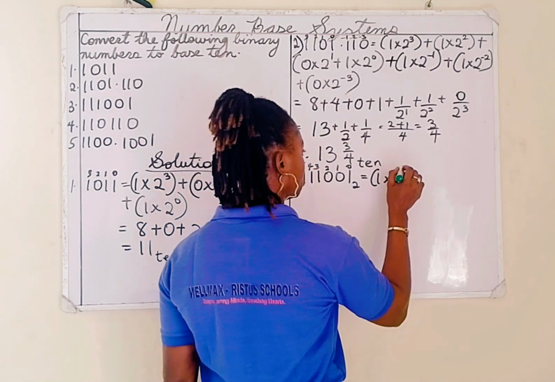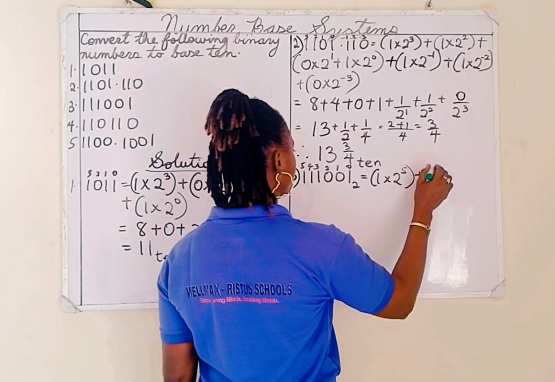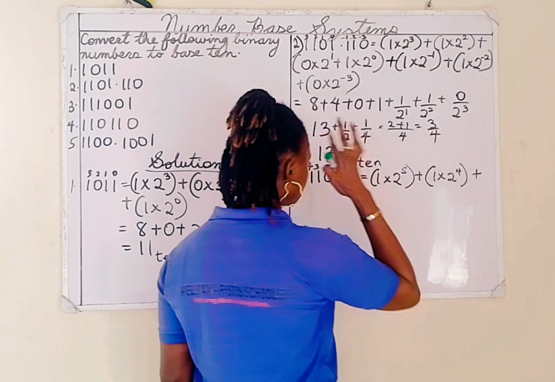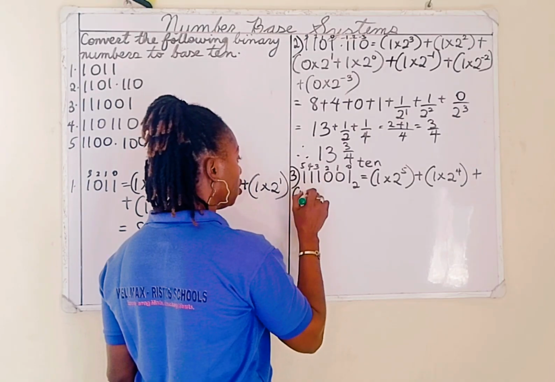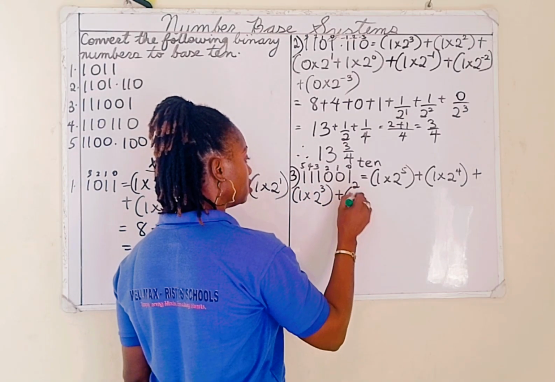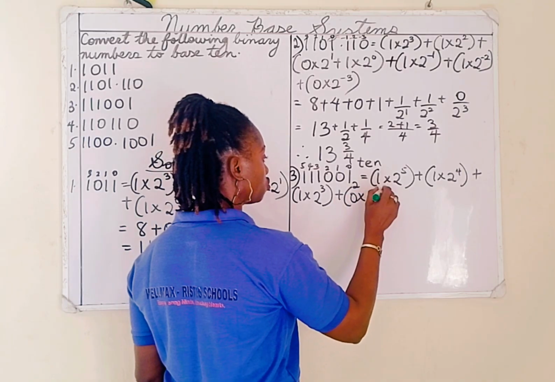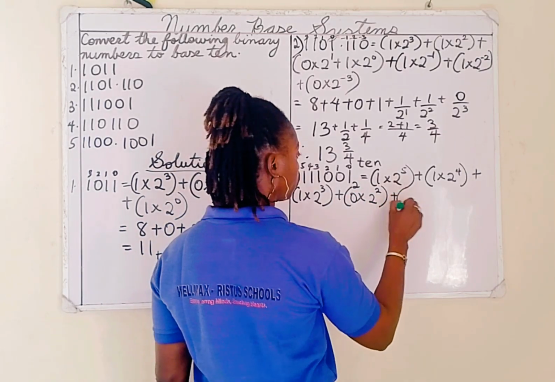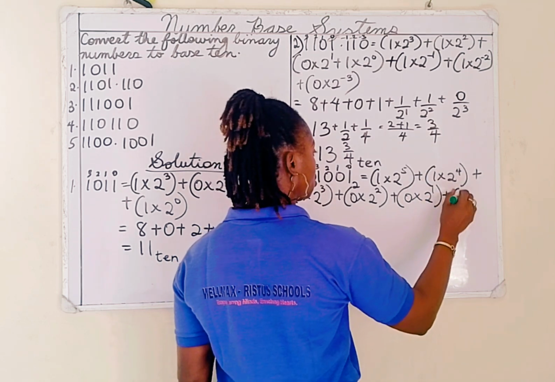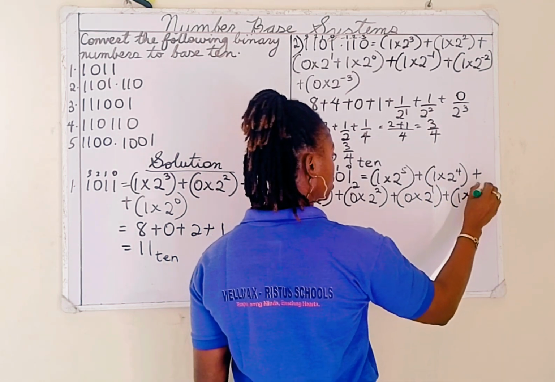So we have 1 times 2 to the power of 5 plus 1 times 2 to the power of 4 plus 1 times 2 to the power of 3 plus 0 times 2 to the power of 2 plus 0 times 2 to the power of 1 plus 1 times 2 to the power of 0.